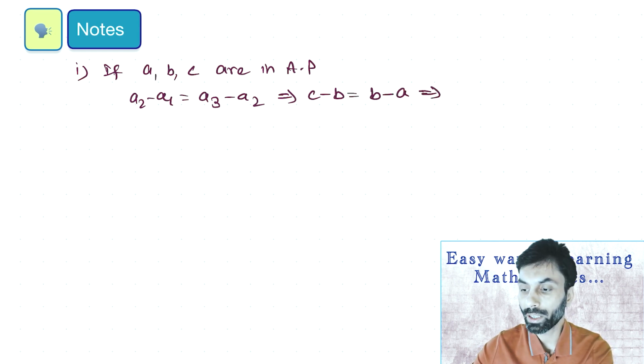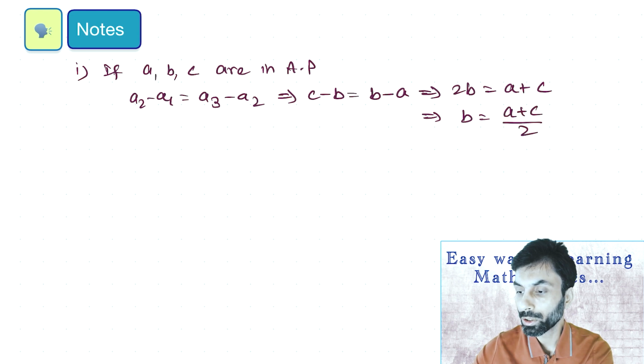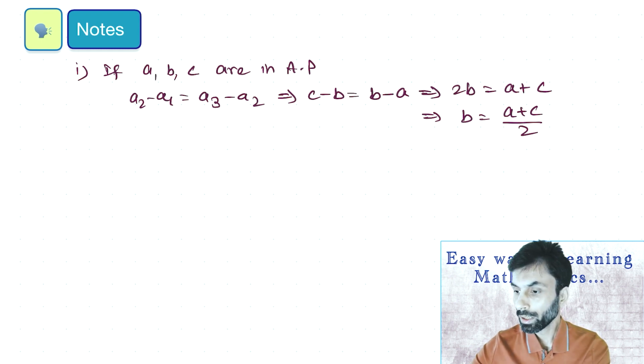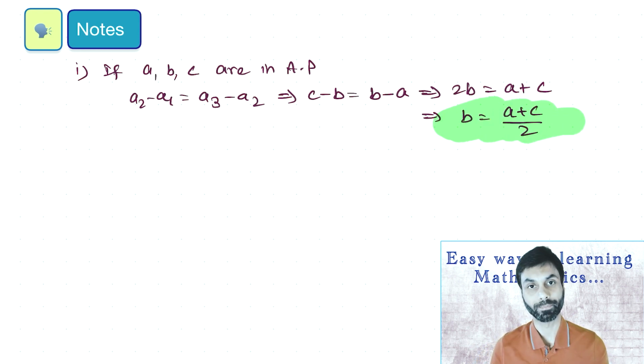Further, when we solve it, we get 2b equals a plus c, so b equals (a plus c) upon 2. So the middle term is the average of the first and the third term. It is an important result which we'll be using in many places while solving questions.